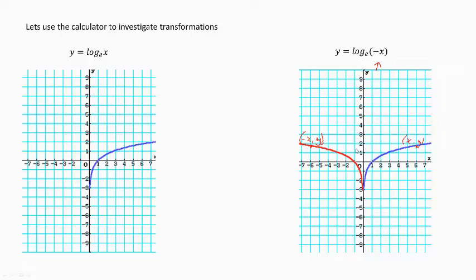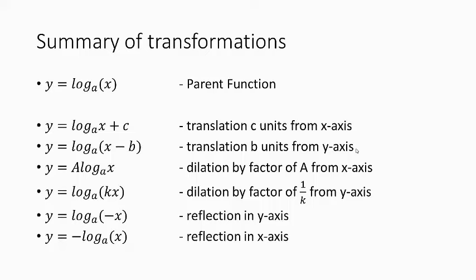Okay, so there are all of the different transformations. We start with our parent function. So always think about, this is our parent function. What has happened to the parent function? Well, if we add c, c can be any value, we translate c units parallel to the y-axis. If we subtract b, we translate b units along the x-axis.